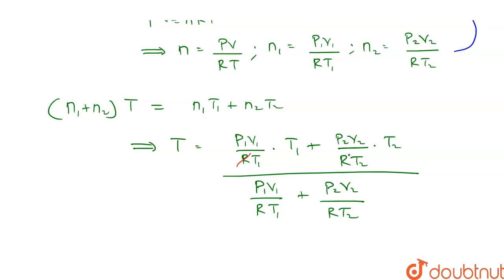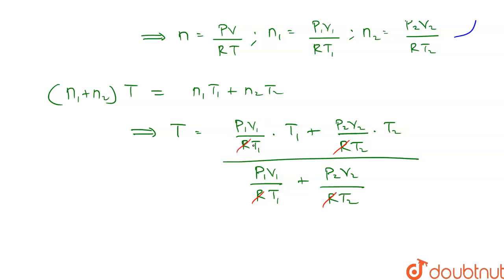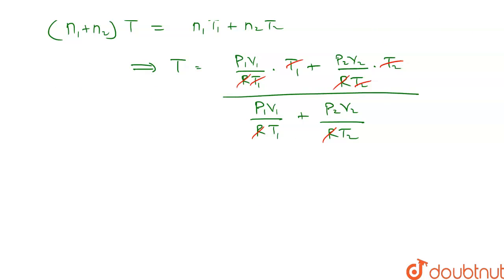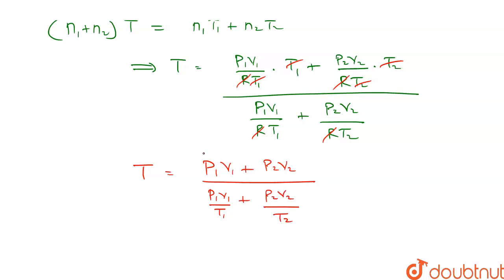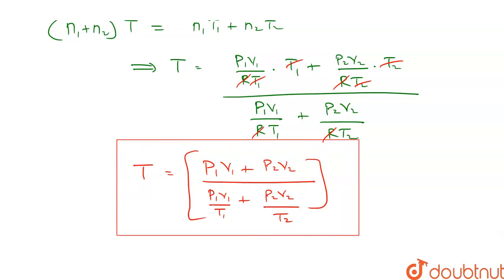R can be divided from the numerator and denominator, and T1 and T2 can also be cancelled in the numerator. So we get T is equal to (P1 V1 plus P2 V2) divided by (P1 V1 by T1 plus P2 V2 by T2). This is the temperature T after the connection has been made.